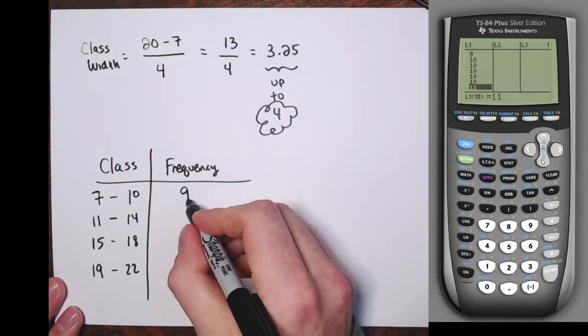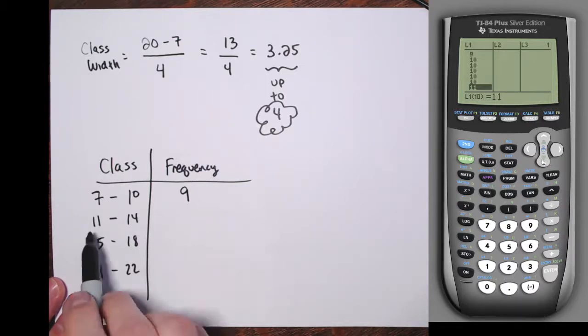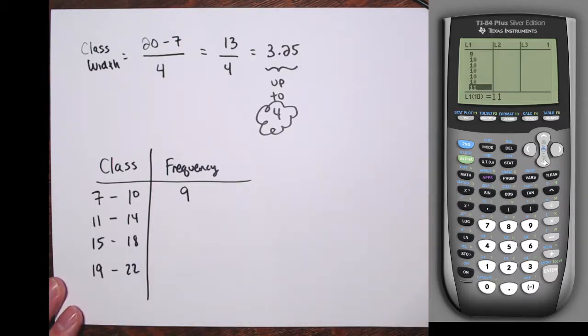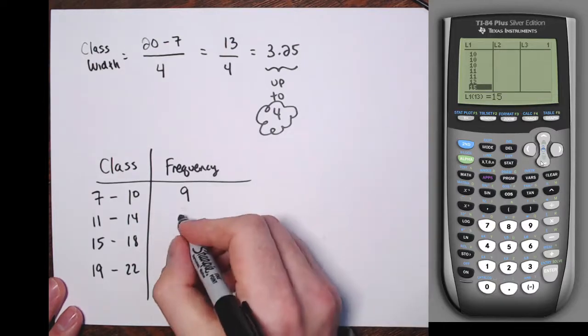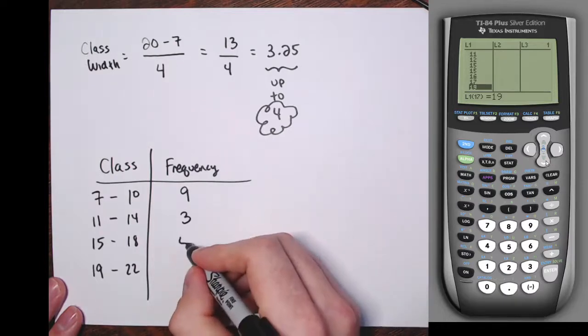So there are 9 values in that first class from 7 to 10. And from 11 to 14, there's 1, 2, 3, that's too big, so 3. 15 to 18, 1, 2, 3, 4, 19's too big, so 4.